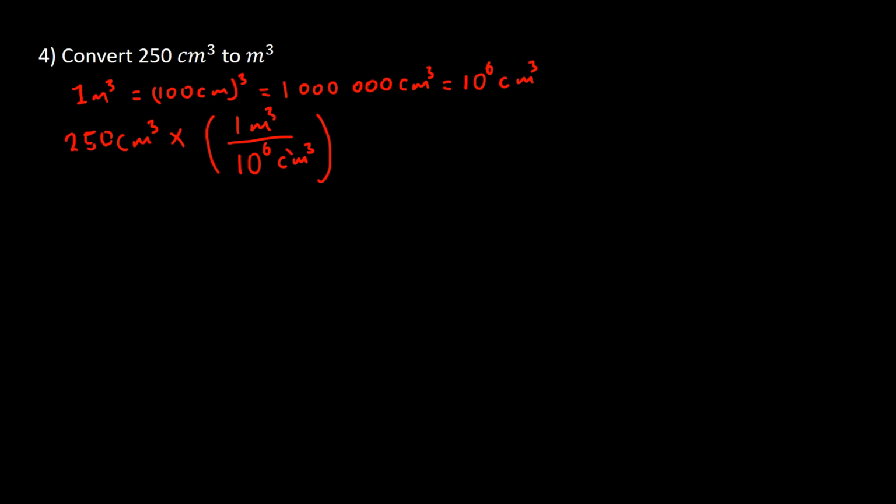Now the cubic centimeters and the cubic centimeters can cancel out, and then what will remain is just the 250 and the 1 cubic meter. So you have 250 cubic meters, and then divide by 1 million.